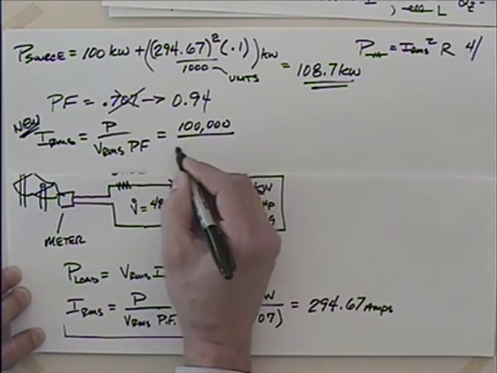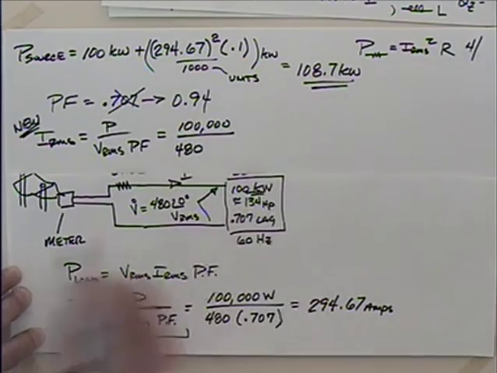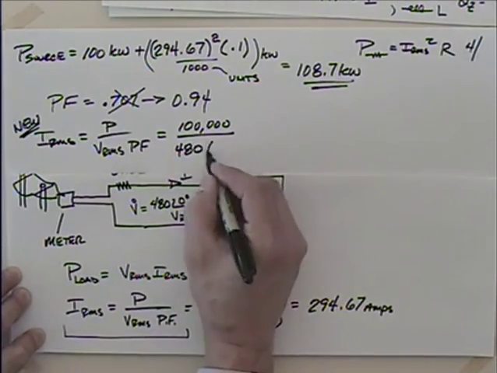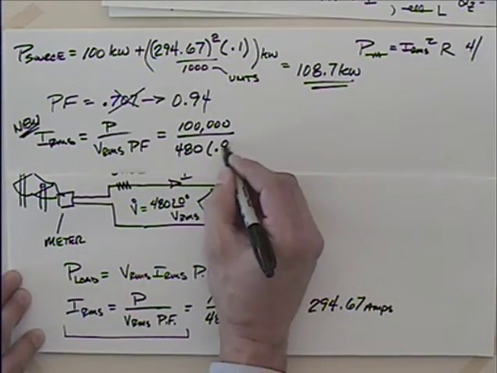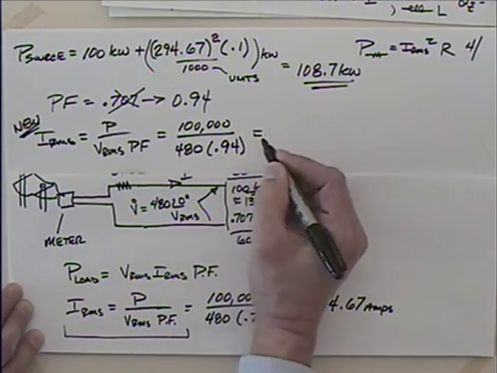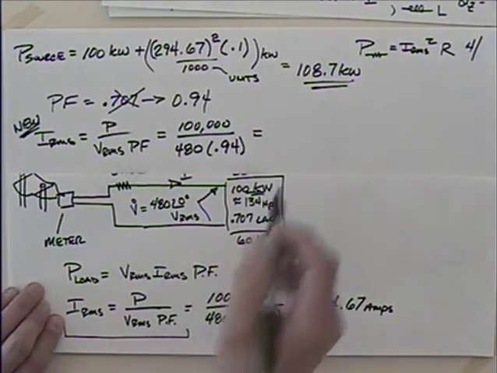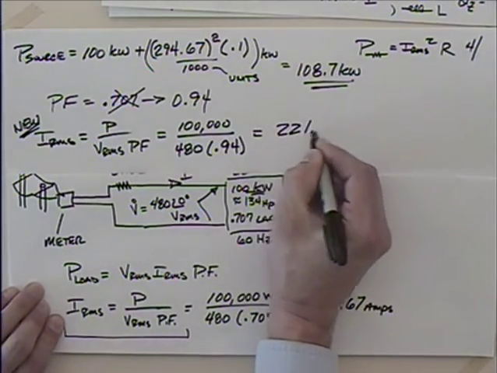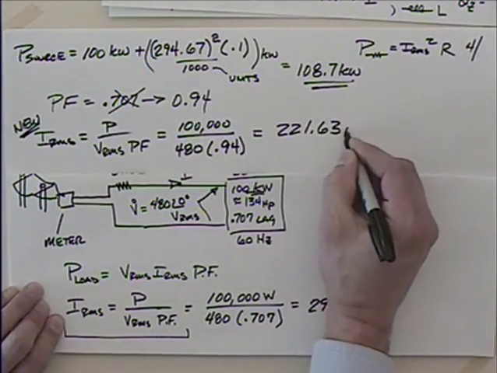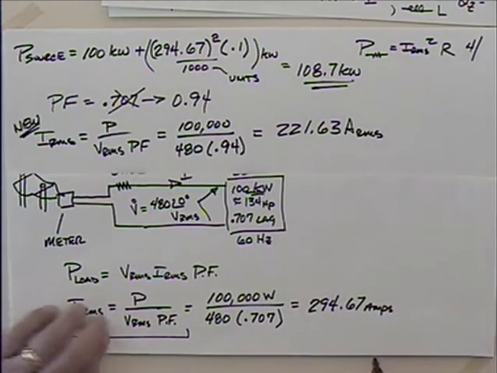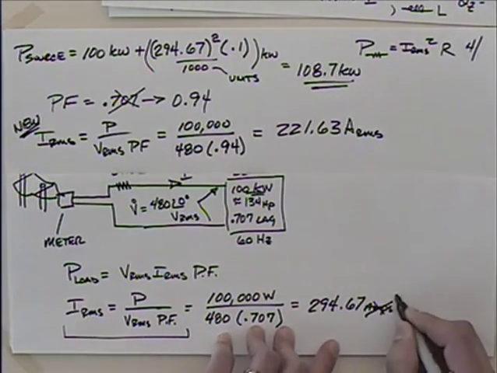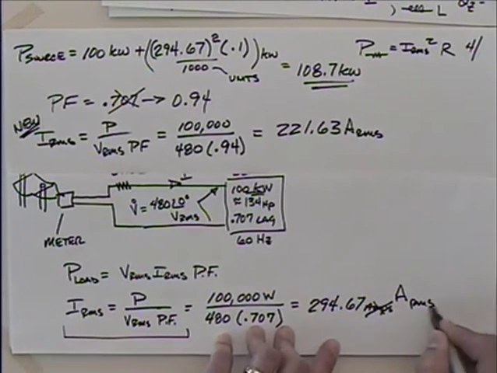I'm going to divide by the 480. That didn't change at all. And then I have, instead of 0.707, 0.94. So when you go through that, you come up with 221.63 amps. And that's actually amps RMS. I probably should have written this more carefully as amps RMS.